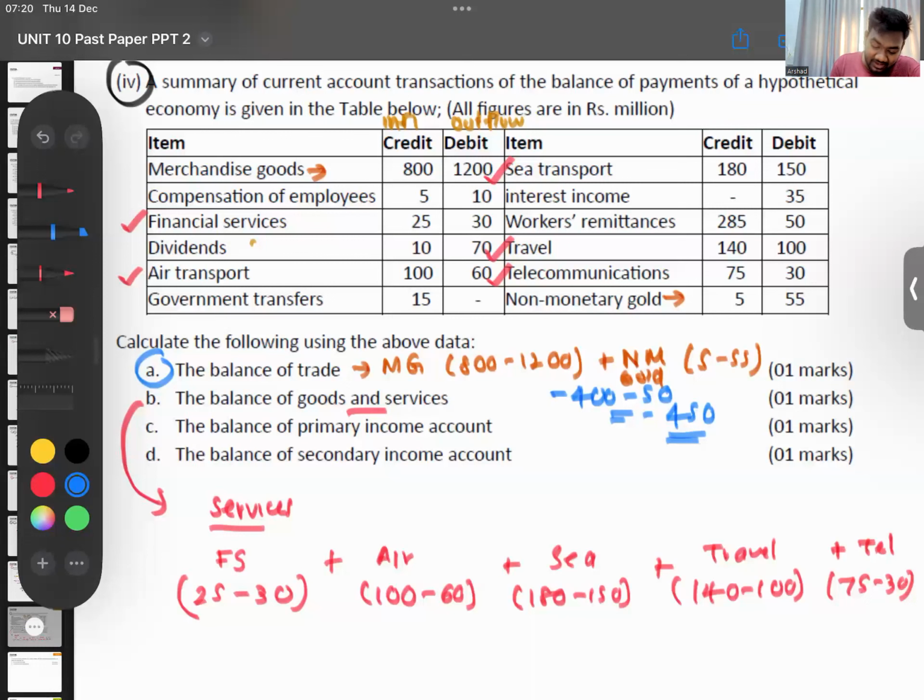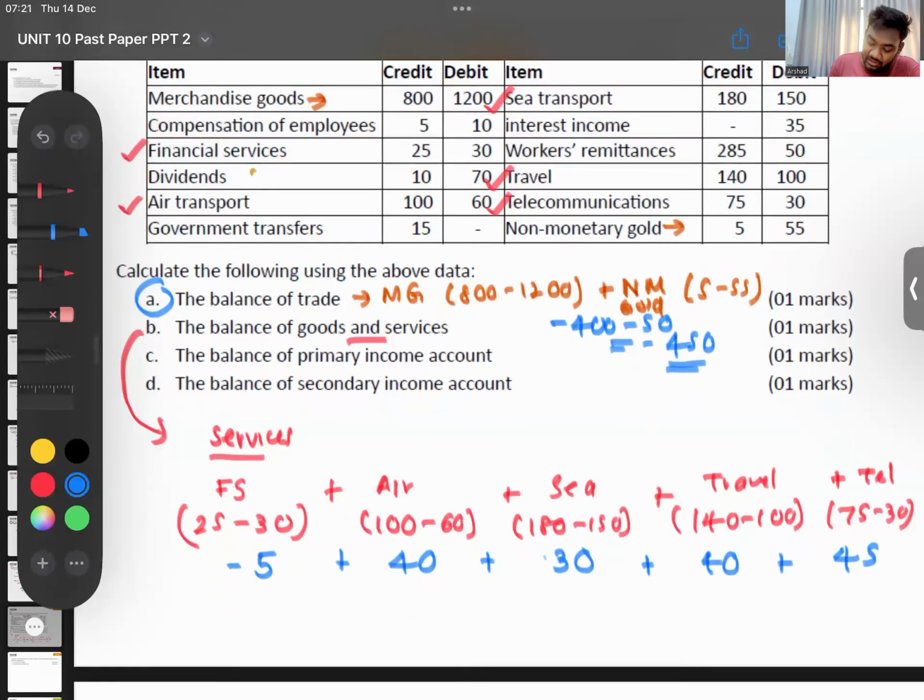How much is that? 25 minus 30 is minus 5. 100 minus 60 is a plus 40. 180 minus 150 is a plus 30. 140 minus 100 is a plus 40. 75 minus 35 is a plus 40. So how much do we get then?